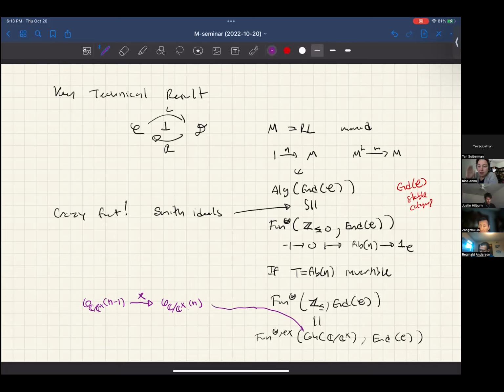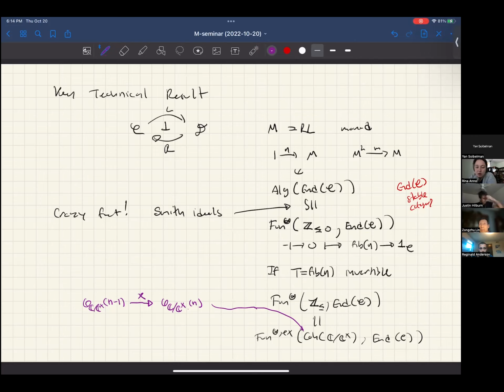Hey, Justin, sorry, can I interrupt you with a question? If you have a monad, which is an algebra in endomorphisms of C, then is that functor from Z less than or equal to 0 to endomorphisms of C just the bar resolution of this algebra? Because it kind of looks like it could be. Is that the same as the Adams resolution? No, I mean bar resolution.